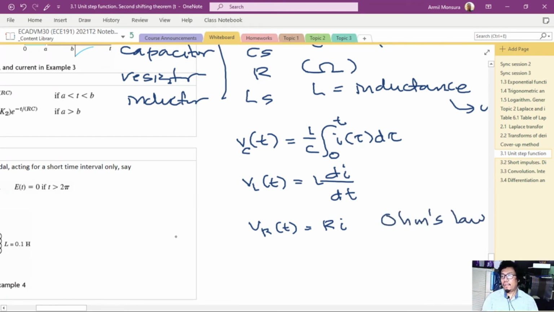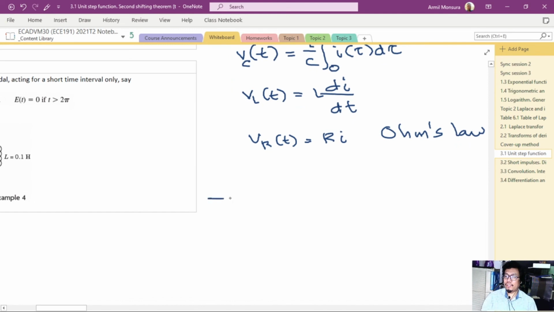Now, what we do here is that if you have a circuit, you need to do what we call a KVL for a series circuit. For example, say you have a circuit with a voltage source here, that's V of t.